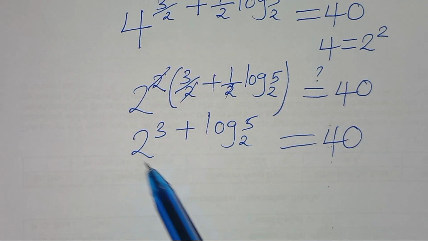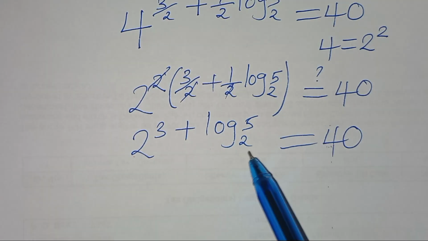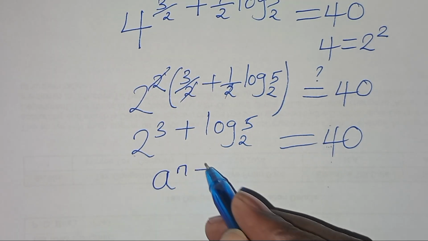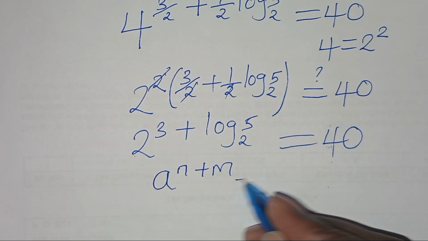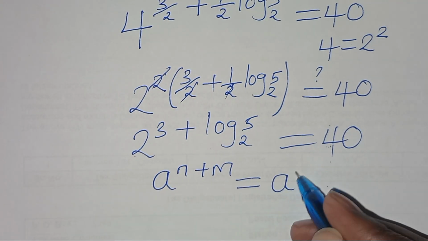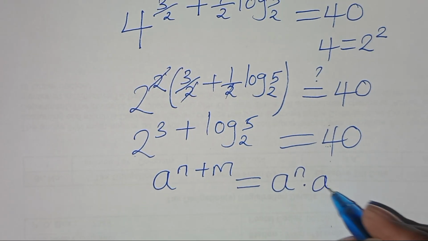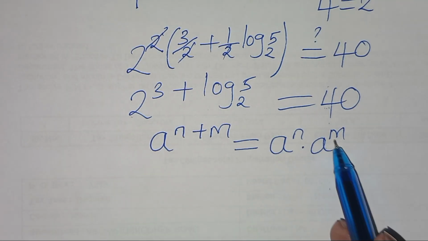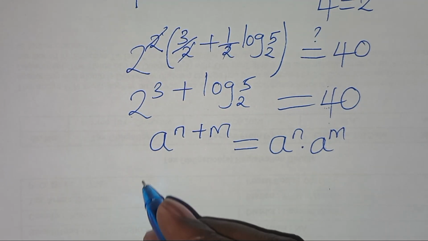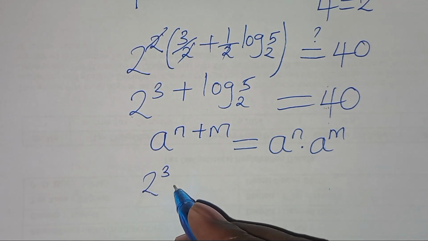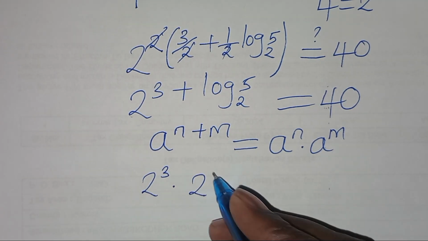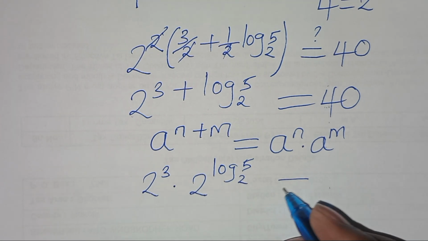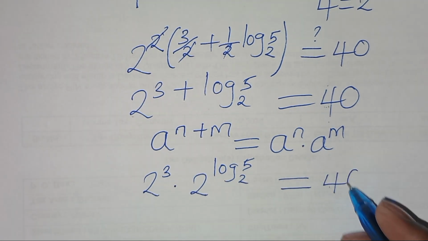Now the next step here, 2 to the power 3 plus log 5 to base 2 is in the form of a to the power n plus m, which you can express as a to the power n multiplied by a to the power m. So applying this exponent property, then here we'll have 2 to the power 3 times 2 to the power log 5 to base 2. This should give us a value of 40.